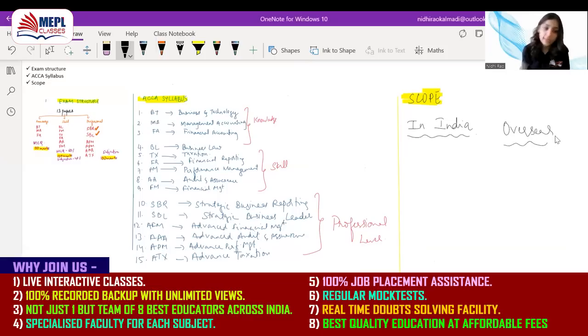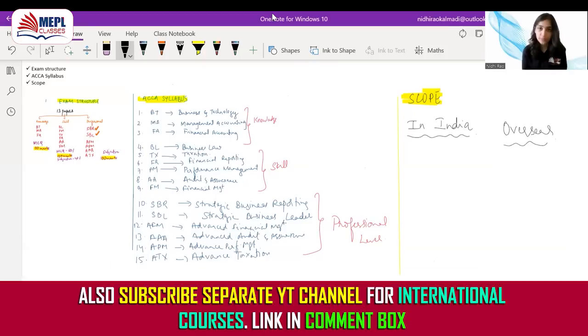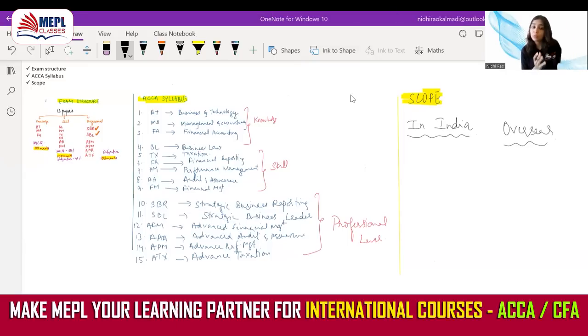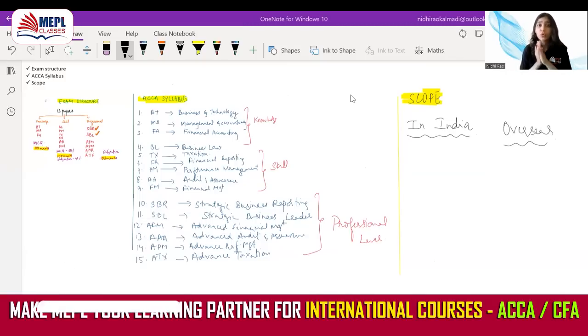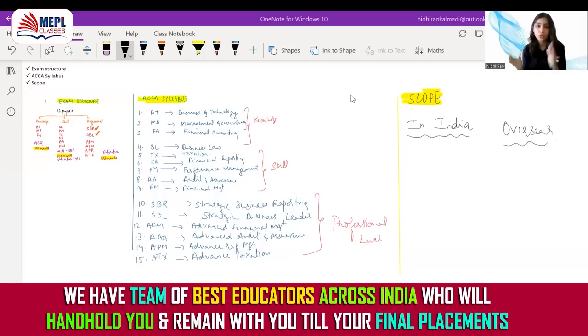Now that we know the exam structure, the ACCA syllabus, and the scope, you must try visiting the ACCA Global website. We all know that all these professional courses have a professional body, like how in India we have CA and ICAI is the professional body. I definitely recommend you visit the ACCA Global website.